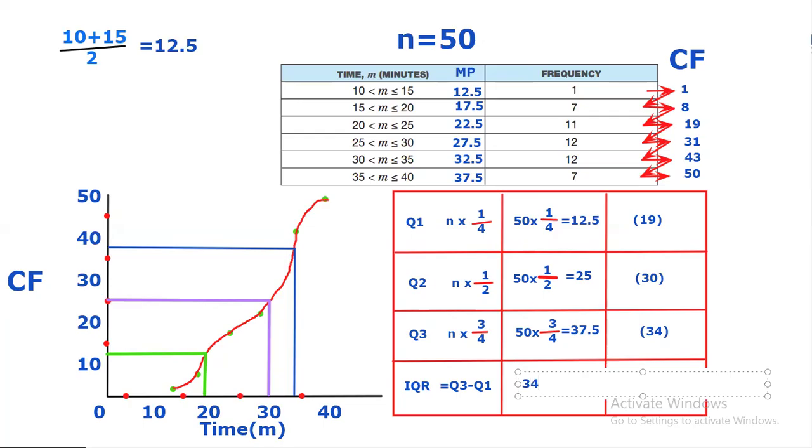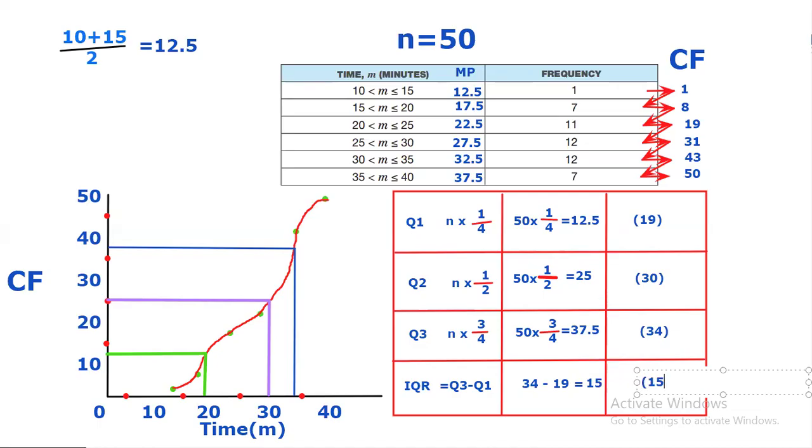So Q3 is 34 minus Q1, which is 19. 34 minus 19, and the answer is 15. So the IQR is 15.